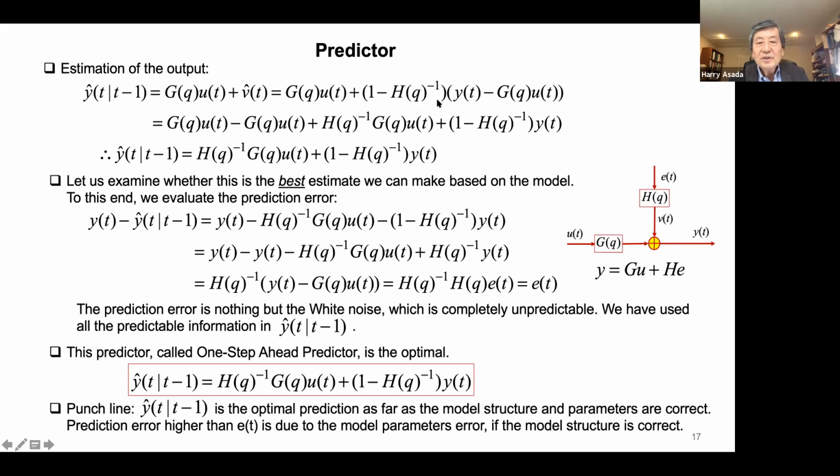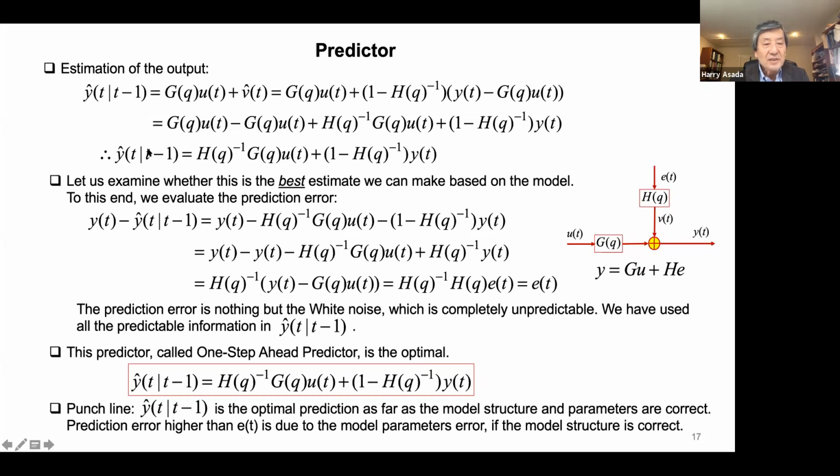So let's compute this. First, this times this is sitting here, but now I distributed this 1 to 1 and to this. The first one is G(q)u(t) minus G(q)u(t), plus H(q) inverse G(q)u(t), right? So these two cancel out.